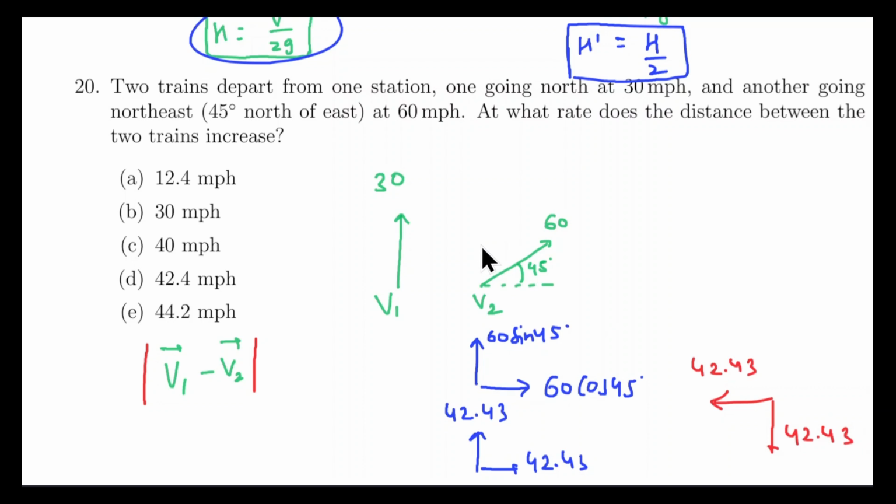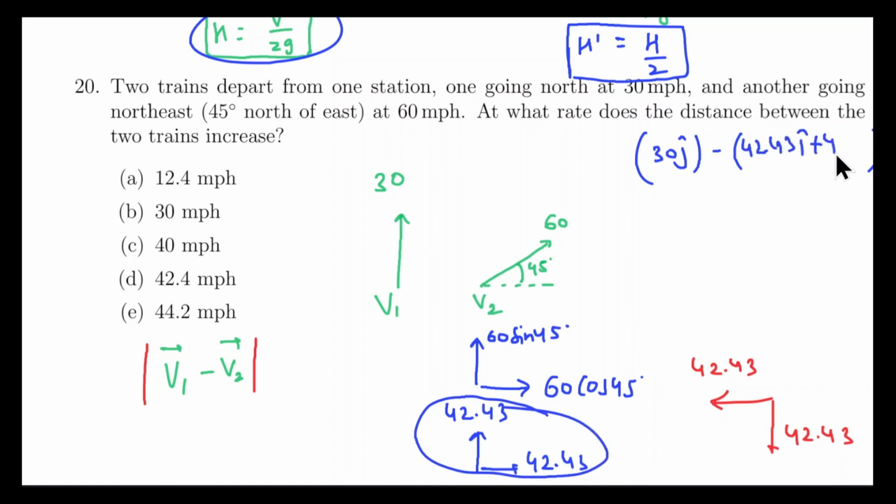Another way, if you do not really like this method of changing the arrows and all, is to write this one as 30 j cap. I hope you understand what i cap and j cap are. j cap is just towards the y-axis. Then you subtract the vector 42.43 i cap and 42.43 j cap, and then you take the absolute value.